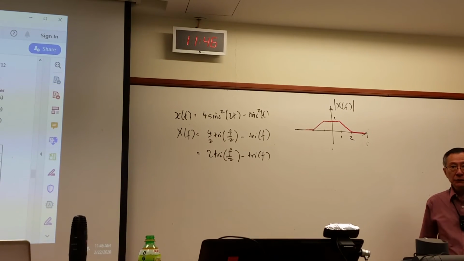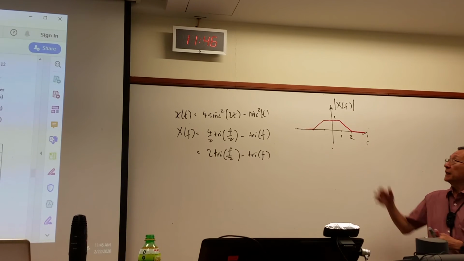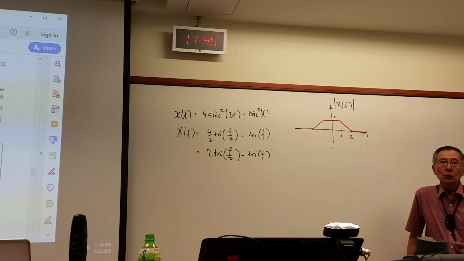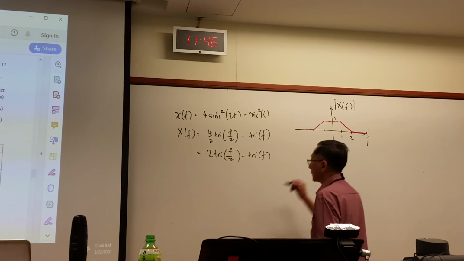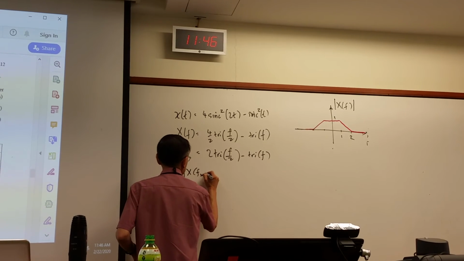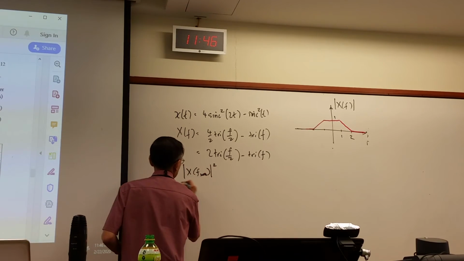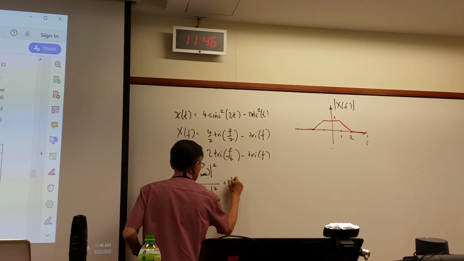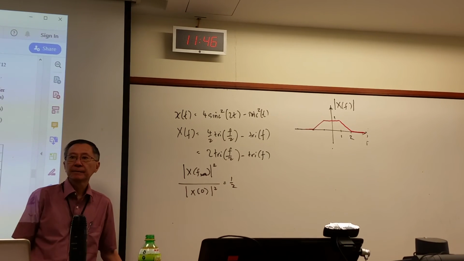So the 3 dB point is when I have the square of this and it goes halfway down. In other words, |X(f_3dB)|² over |X(0)|² equals one half. That's the 3 dB value.